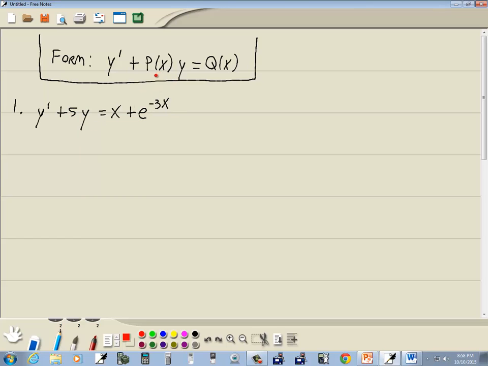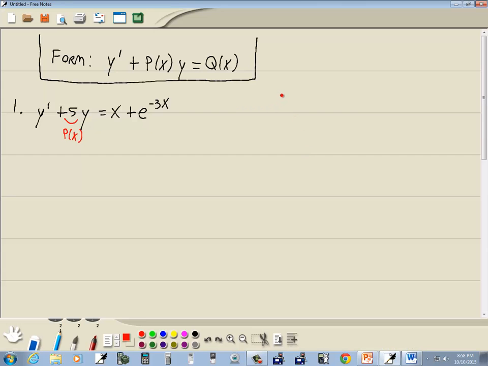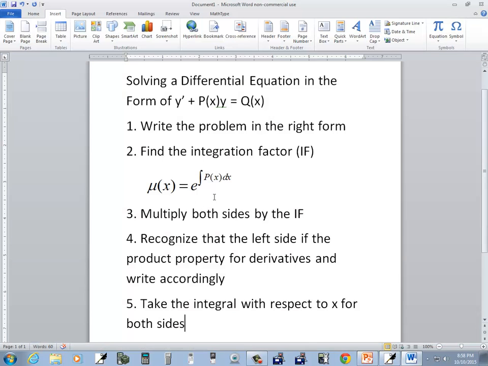Now if I look at this form, whatever's in front of our y is our p. So this is going to be our p of x. Okay, step 2, we want to find the integration factor. And mu is going to be equal to this formula.